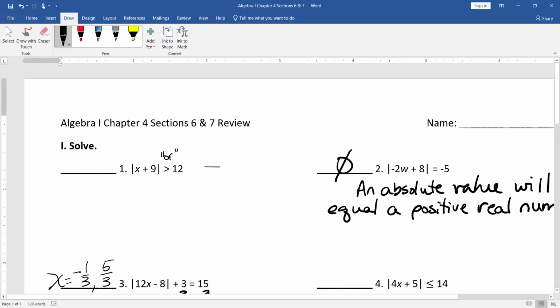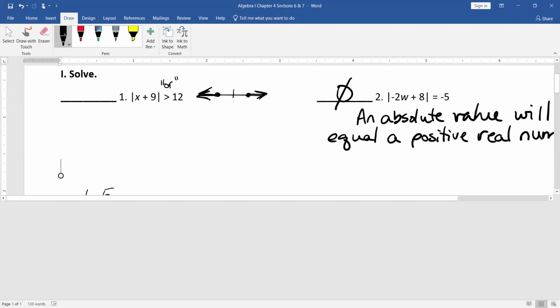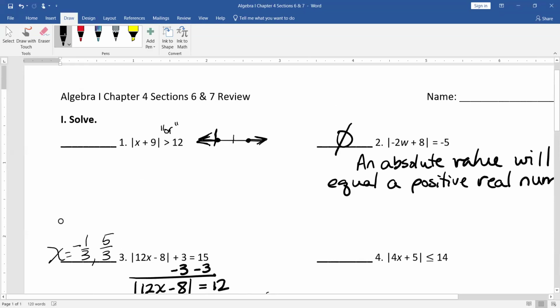So when we graph those, they're always going to start some distance from the origin and go either down the number line or up the number line. So there's never going to be a number that's the same for both because they are always greater. The distance from the origin is always greater than, either this or this.